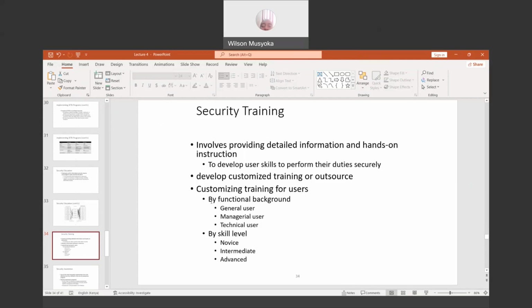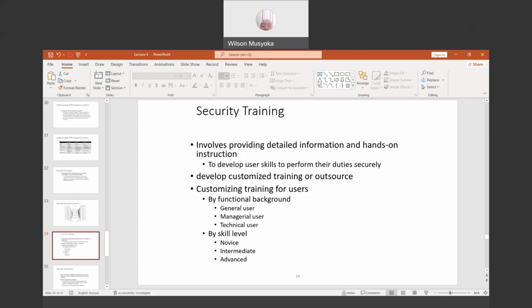One is by the functional background, maybe a general manager or a general user, a managerial user, and a technical user. These people are going to have different functional backgrounds. A general user, maybe the basic functions. A managerial user, maybe they have access to more sensitive information.